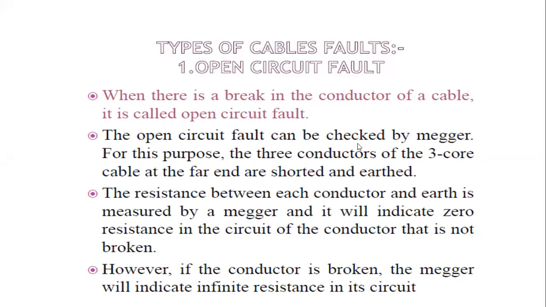The open circuit faults can be checked by a Megger. These open circuit faults are measured using the Megger. It is a device used to check where the faults are in underground cables.